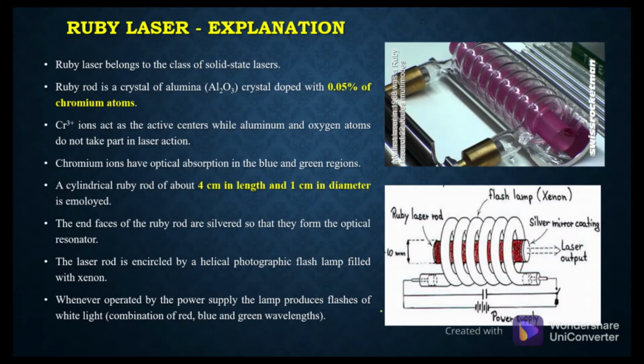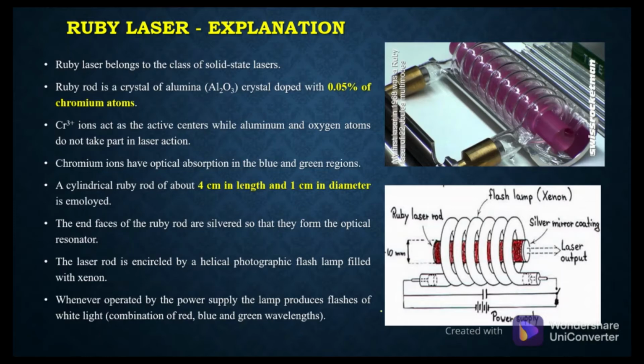In general, a ruby laser is nothing but a solid state laser. As I told you earlier, based on the nature of the active medium present in the material for laser action, we classify lasers as solid state laser, liquid laser, gas laser, or semiconductor laser.